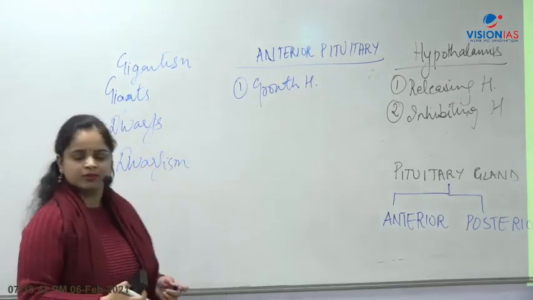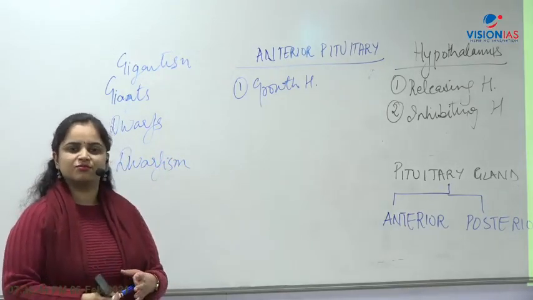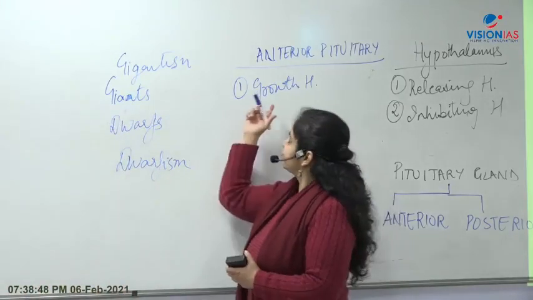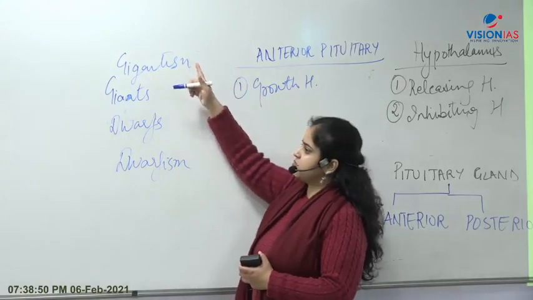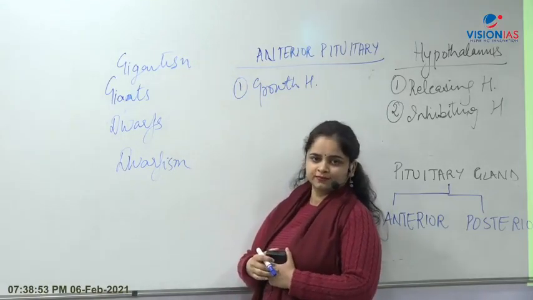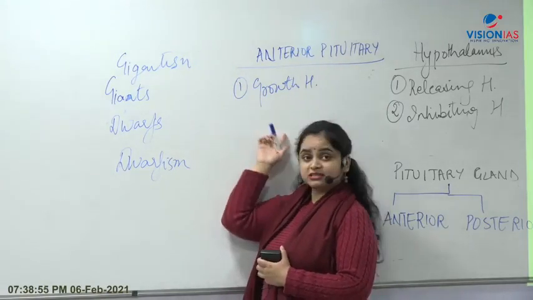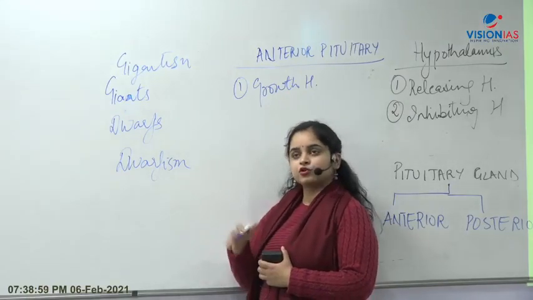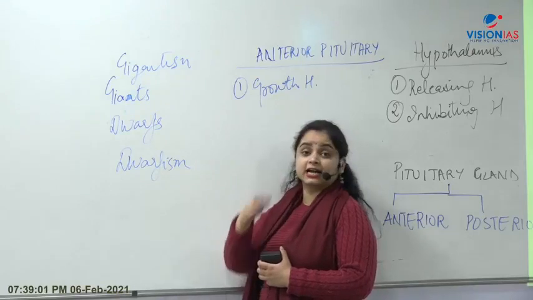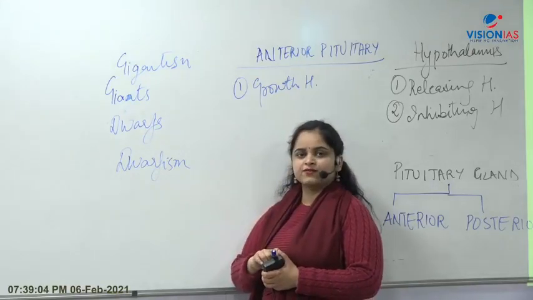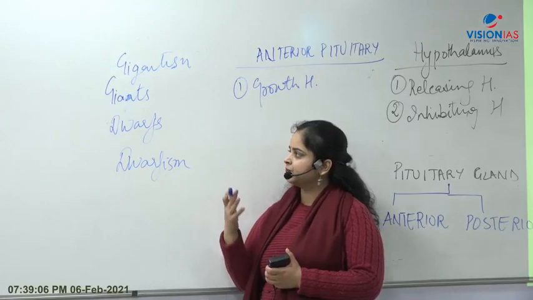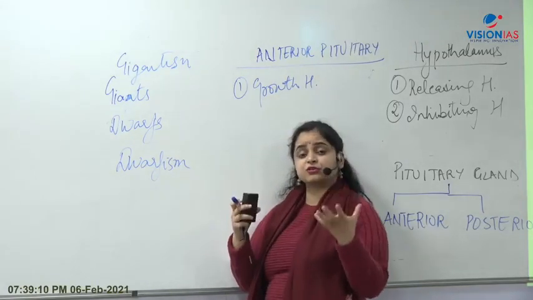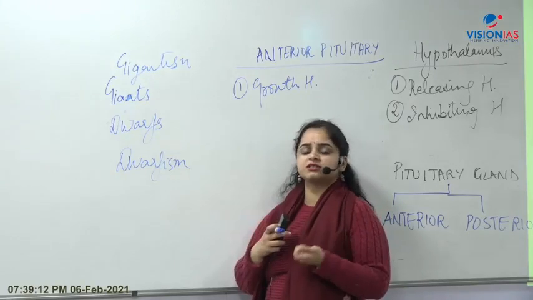So, see, the question is not going to be direct. So you have to understand the application of these hormones also. If this growth hormone is in excess, the person becomes a giant. And if this hormone is deficient, the person becomes a dwarf. So people like, say, Khali, if you know about Khali, he is one character who is supposedly this large because of presence of extra growth hormone in his body.